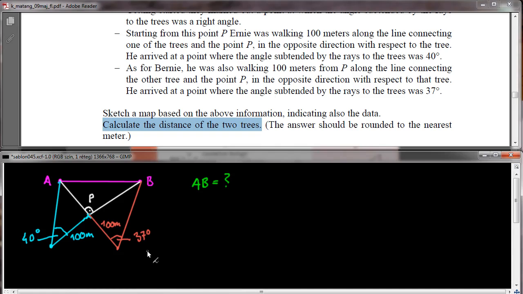So what we know is that, first of all, if this is a right angle, okay, I'll write that down. Before all this, we have to give a name to these points, okay, so that we can refer to them.